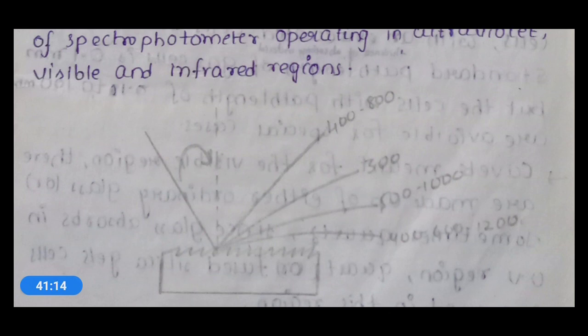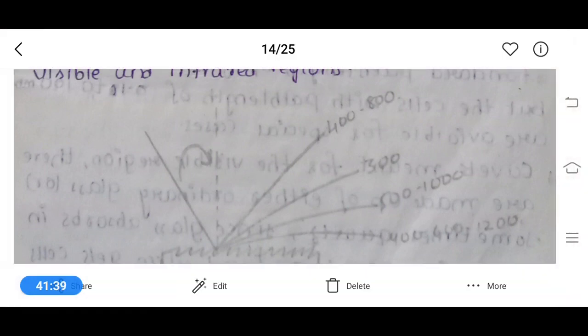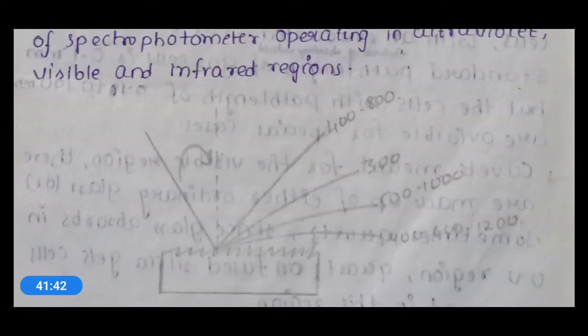Here the first one is a 400 to 800 nanometer width band. All the beams in the 400 to 800 nanometer range will be separated in this band, and the next band is 500 to 1000, and the next band is 600 to 1200 nanometers. In this manner all the beams are separated into different bands based on their wavelength.